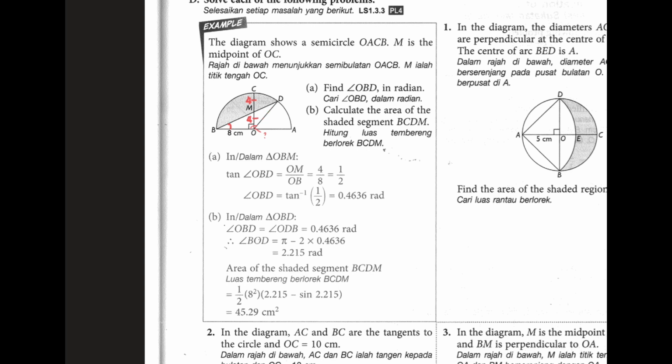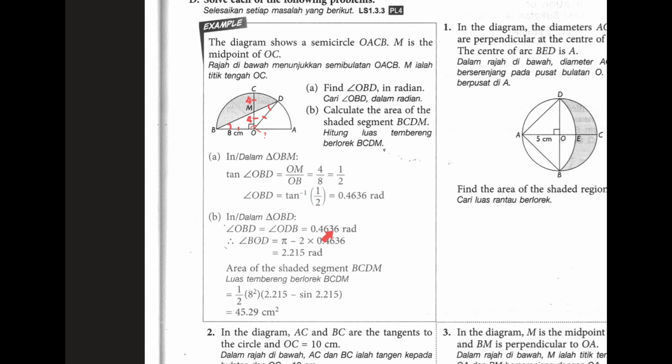Imagine this is a radius, this is also a radius, same length. OB and OD are the same length, so it is known as an isosceles triangle. So an isosceles triangle has the same base angles. These two are the base angles, they are the same. So since you know this is 0.4636, which is here, then this will be 0.4636 as well. Okay, so they found it.